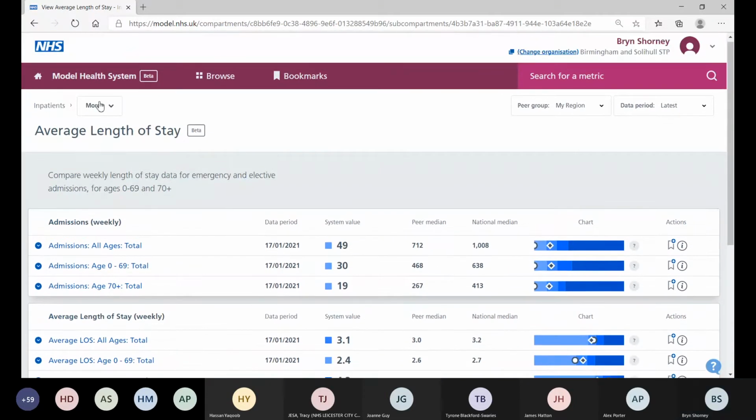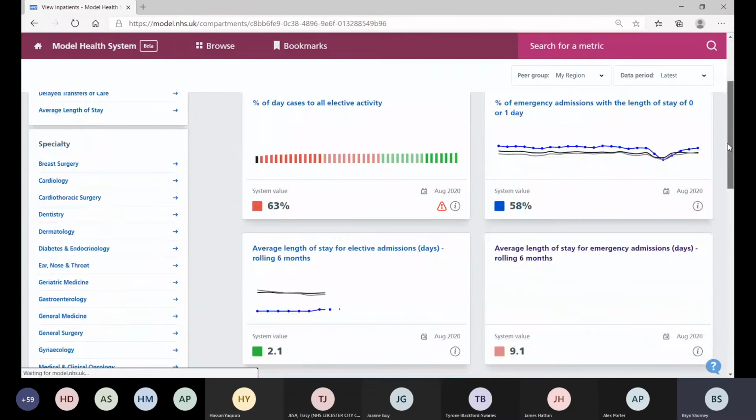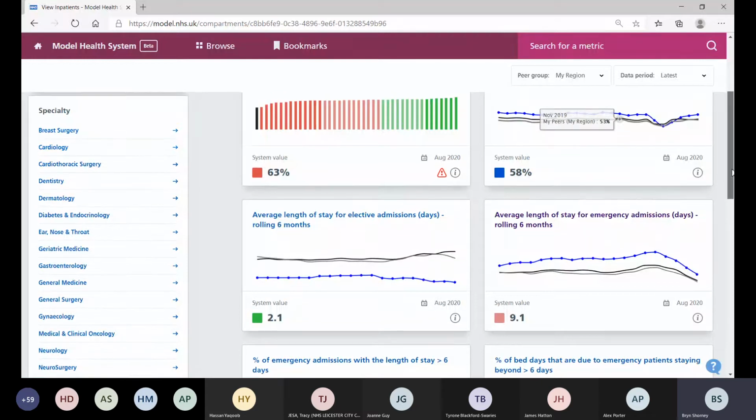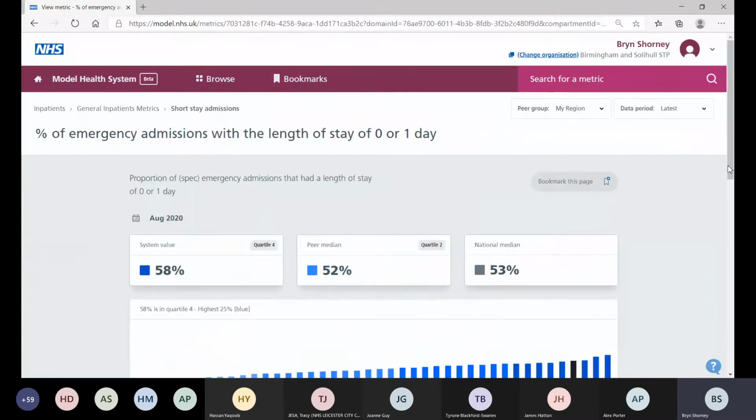And then if I just go back to the inpatients landing page, then again we've got the specialties, so you can click into each of those and view the metrics at specialty level, and then we've also got a series of headline metric tiles within here, showing some of the key metrics from within this compartment. So you can just click into any of these.